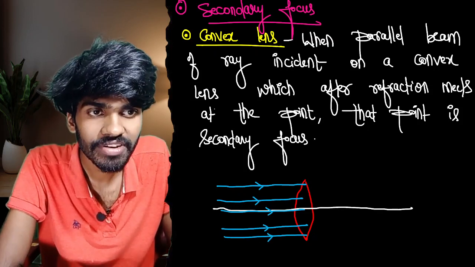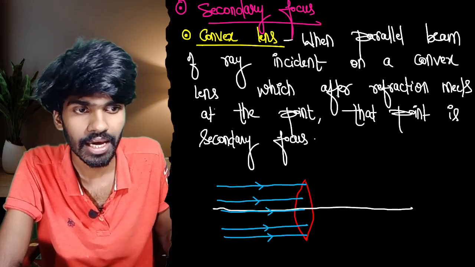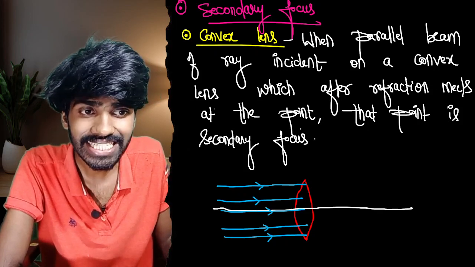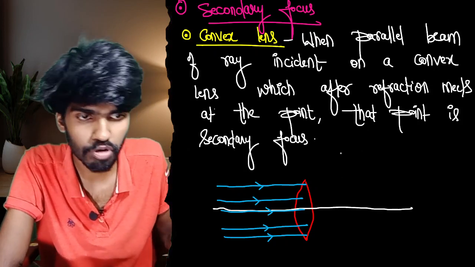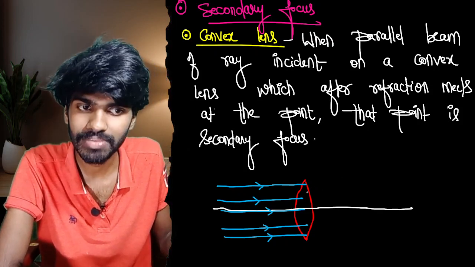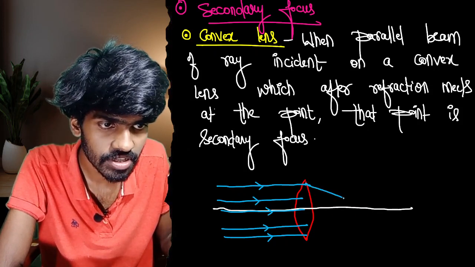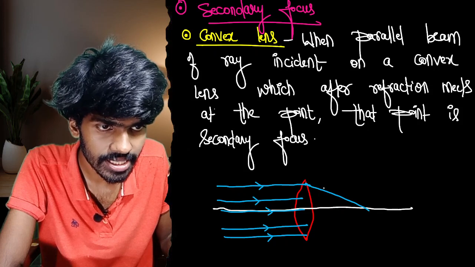When it is incident on a convex lens, which after refraction meets at the point, that point is the secondary focus. It means these rays, after being refracted from this convex lens, will get converged to a certain point like this.